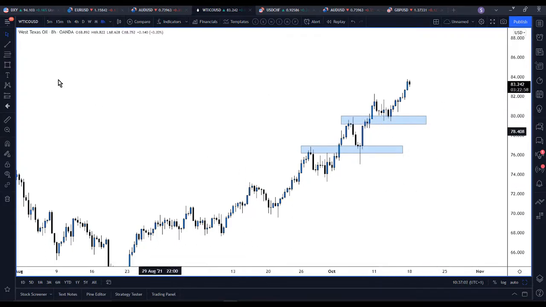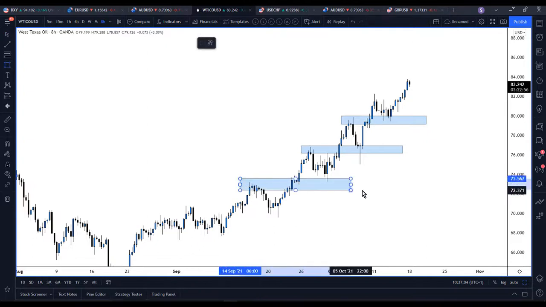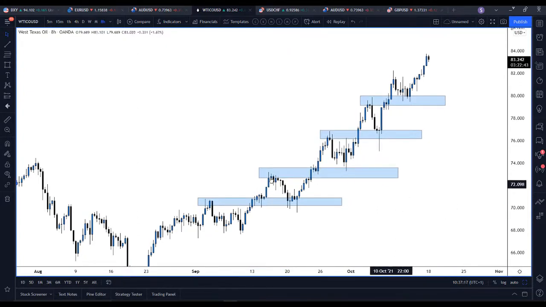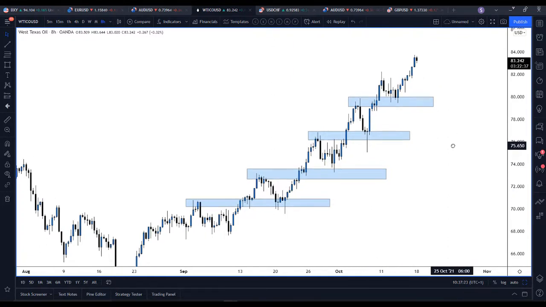Okay, this one, just a little tip of the wick there in resistance, support. So, you know, very well, I'm not going to say easy, but very technically textbook movement going on here from oil, especially on this 8-hour time frame.